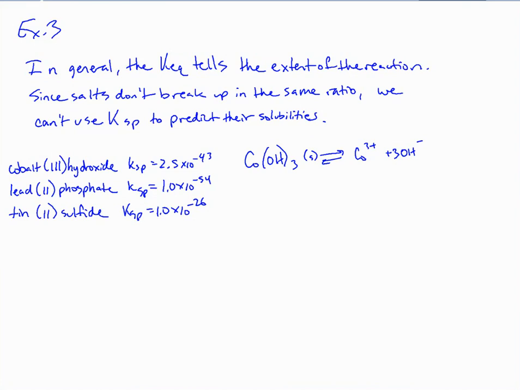Lead 2 phosphate. So you've got this compound as the solid, just breaking up into its 2 ions. Tin 2 sulfide. This one's actually kind of easy.